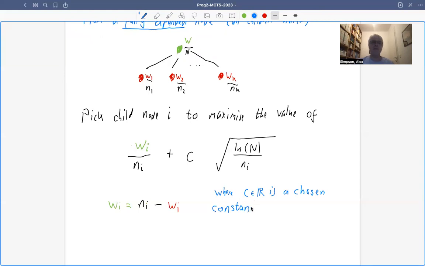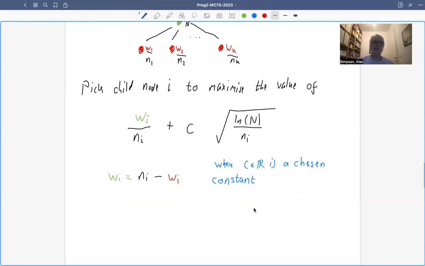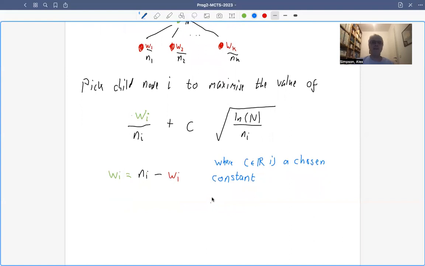So C is a chosen constant. A larger C encourages branching out.